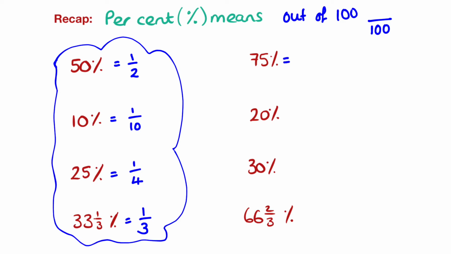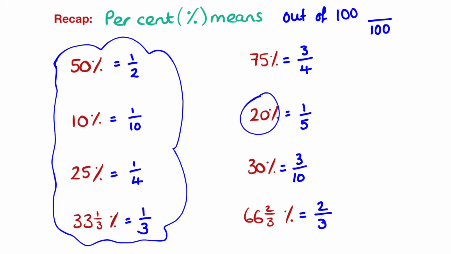And then 75% is 3/4, 20% is 1/5, 30% is 3/10, and 66 2/3% is 2/3. Now remember, don't panic, because if you can't remember these, you can always put your percentage out of 100 and simplify your fraction.